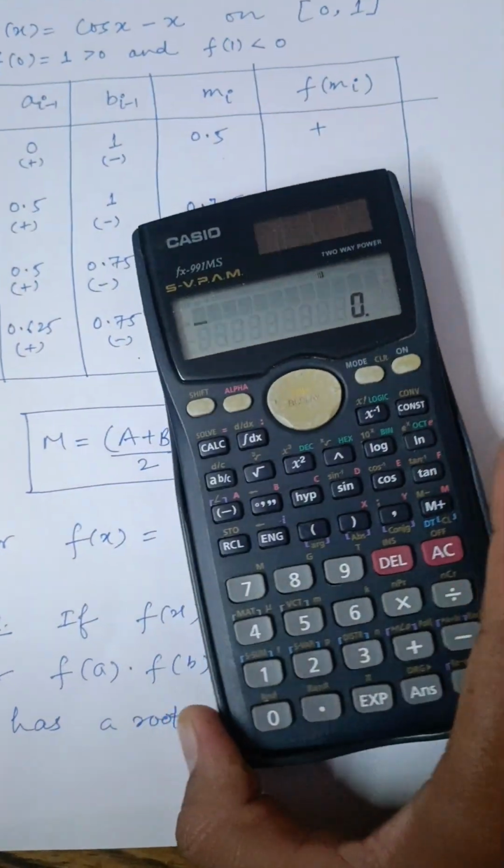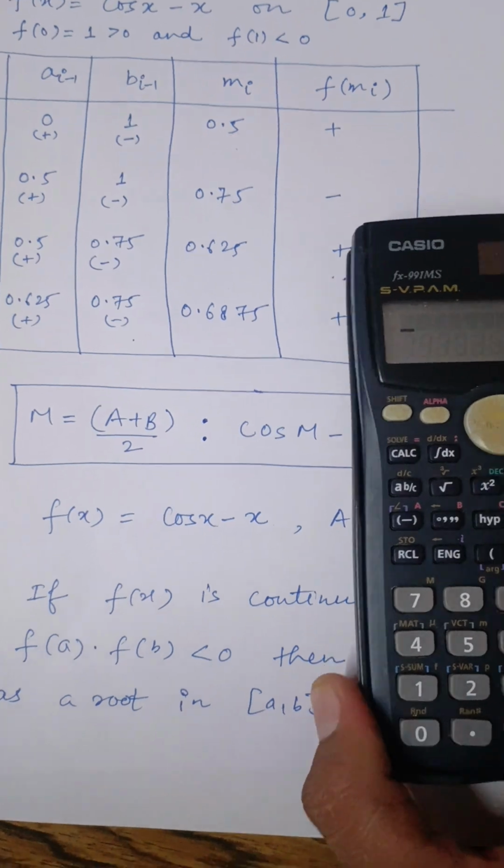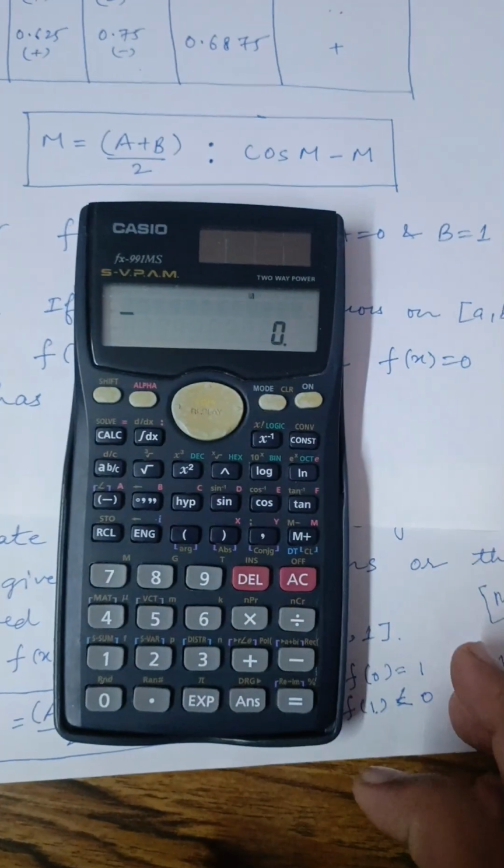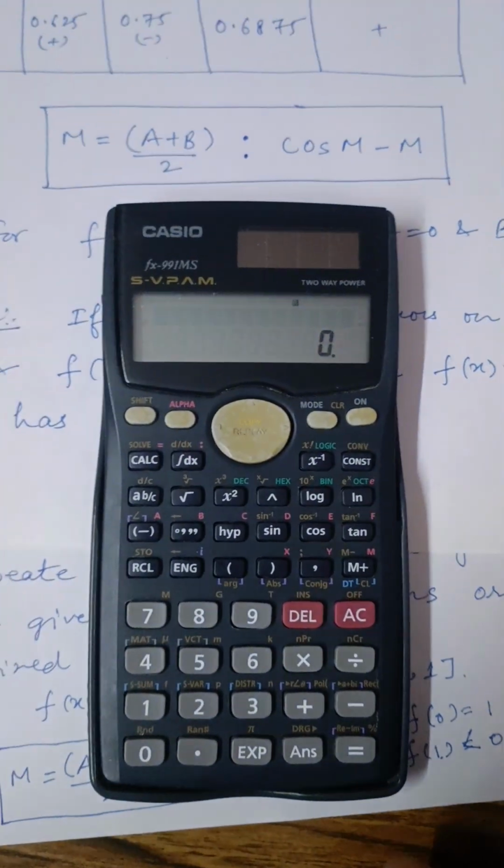So we have to first type this equation, m equals a plus b colon cos m minus m in the calculator.